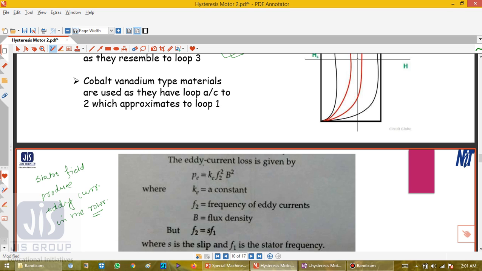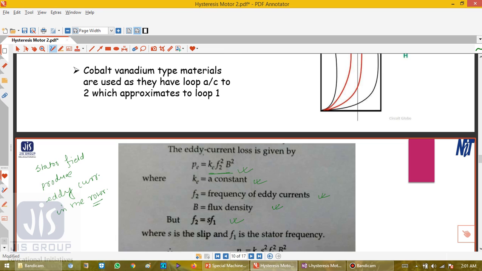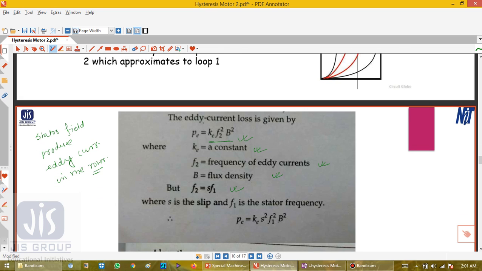Okay, and the eddy current loss is given by this equation. We know Pe equals Ke F2 squared B squared, where Ke is a constant, F2 is the frequency of the eddy current, B is the flux density. But F2 equals S F1, we know from the induction motor, where S is the slip and F1 is the stator frequency.